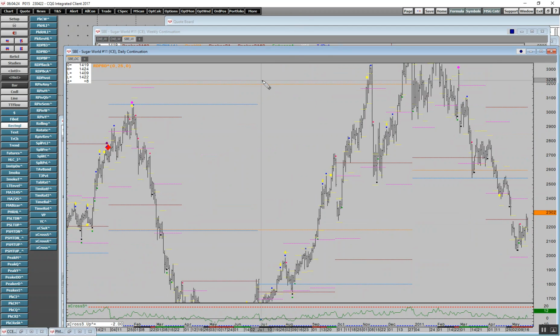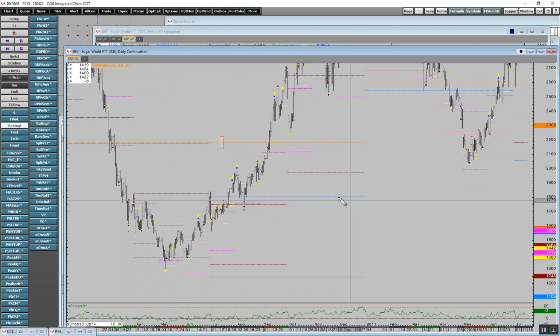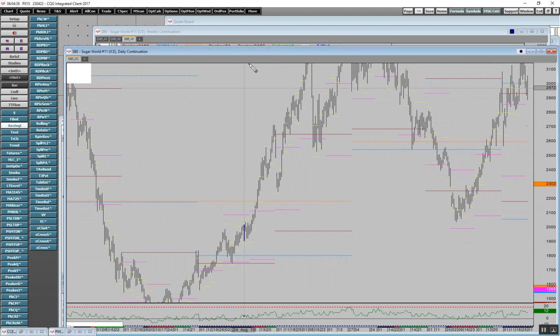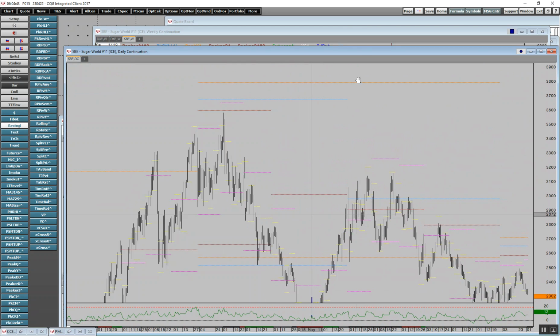Alright, so there was the yearly bullish pivot. Here's the yearly bearish. And now look here. The semi-annual and the quarterly are all underneath the yearly pivot. And you can see what happens next. We've got this ginormous move up here.